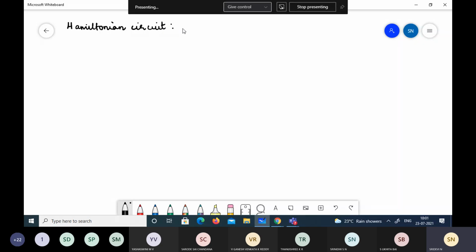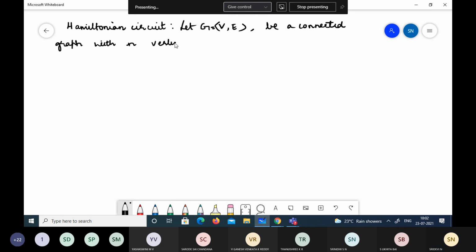So what is a Hamiltonian circuit? If we have a graph G with vertices and edges, let this be a connected graph with n vertices.